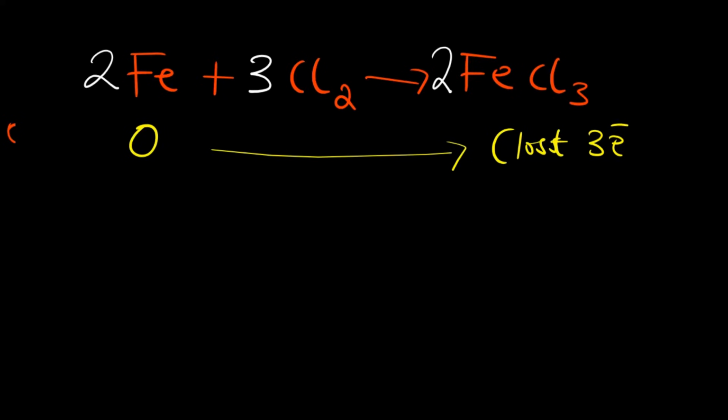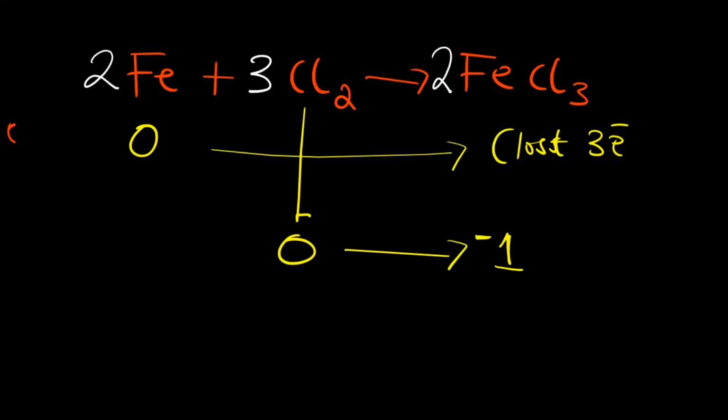Then when we come to the other one, which is our chlorine, it was 0 as well, because it is just a diatomic molecule. Then on the other side, chlorine has a -1, because initially there was the 1 there and the 3 there, and they had to cross multiply like that. So chlorine goes from 0 to -1, because chlorine usually has a -1.